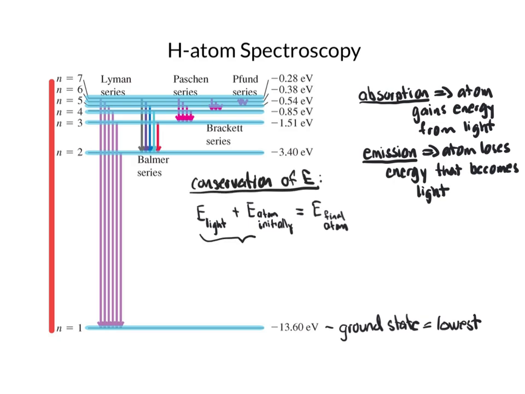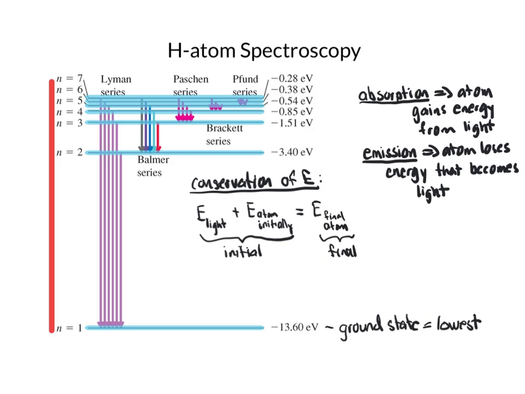that this is our initial state of the system. We have light, and the atom in some energy level. And then at the end, our final state is that we have the atom in a new energy level, the final energy level.